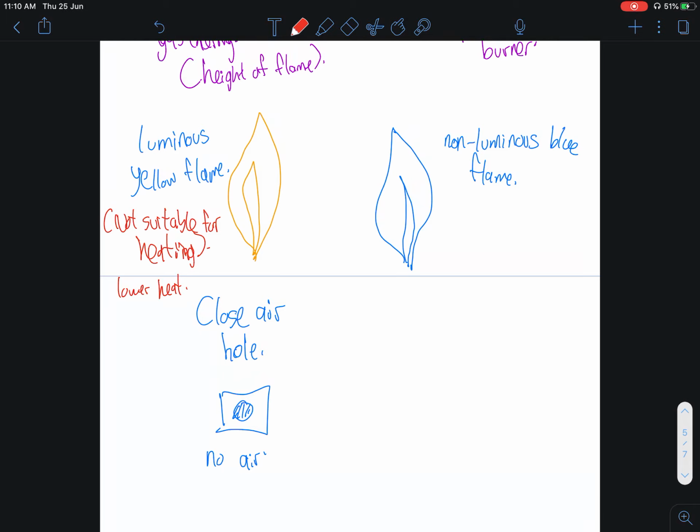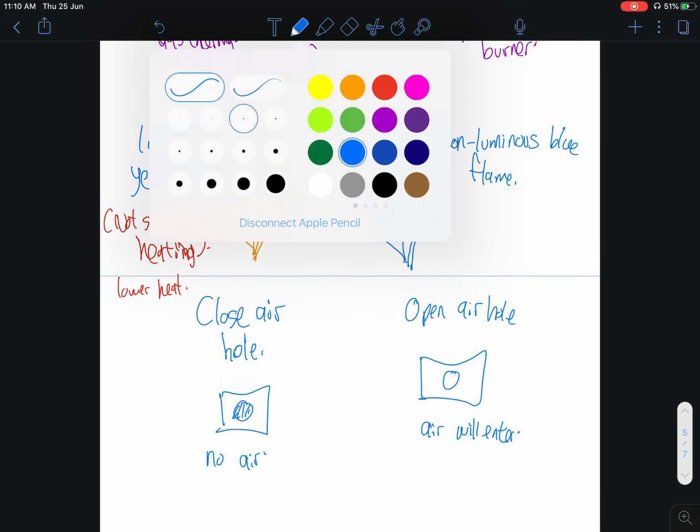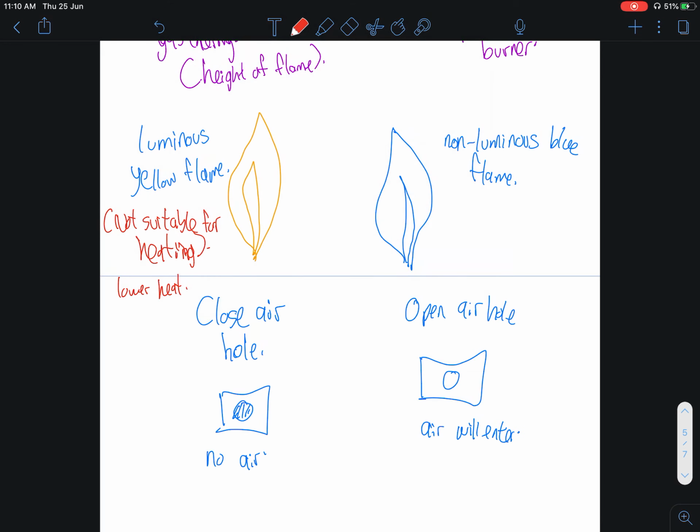On the other hand, when you have the air hole open, that means you open the air hole, air will enter, and with air entering, your flame tends to become hotter. And why?